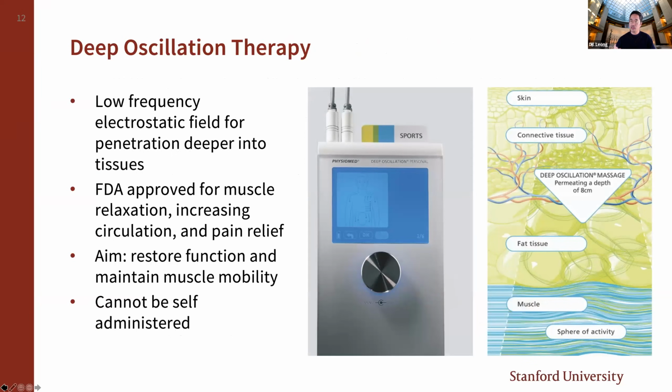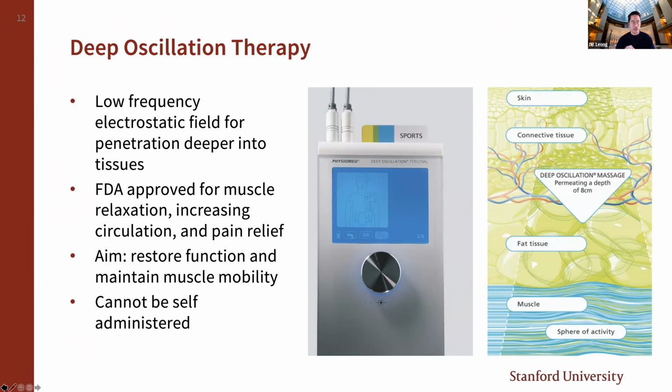So what about some of the other things that have happened? What has been newer, since TENS units have been around for a long time? Well, there's something called deep oscillation therapy, which is really this pictograph on the right. It shows that there's a penetration into almost like a deep tissue massage. And it's FDA approved.